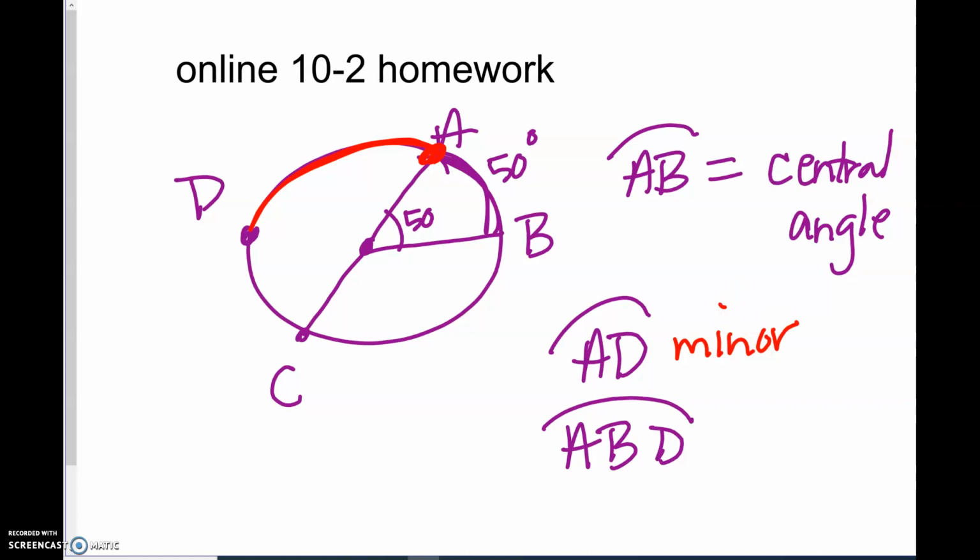Then ABD. ABD is 3 letters. So we're going from A through B and ending up at D. Okay, this is a major arc and you need to use 3 letters to name it.